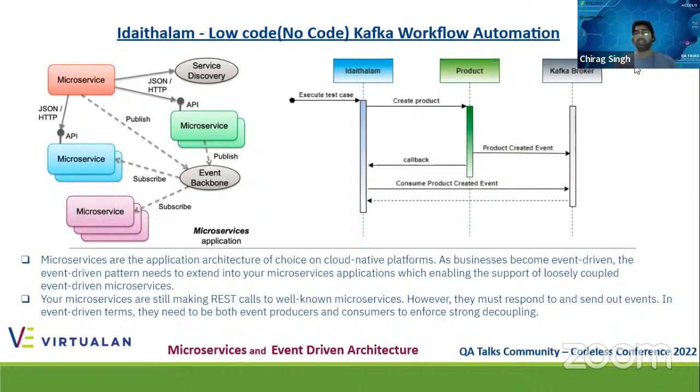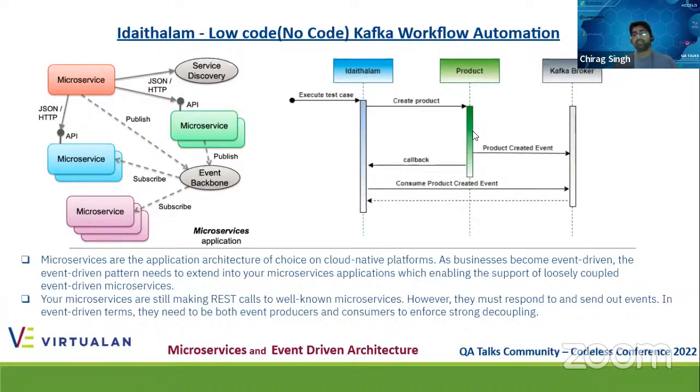And now how does Ethereum work in this event-driven architecture? You can see the blue part is the Ethereum layer. Product is a microservice, and the Kafka broker is a Kafka cluster, right? When we execute the test cases and create a product by REST API, because this is a microservice, it responds back with a 201 response code, and that product is created.